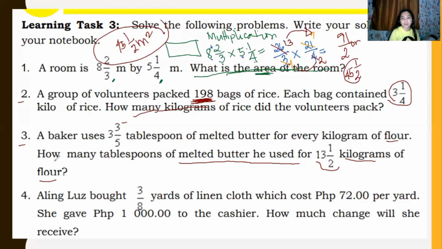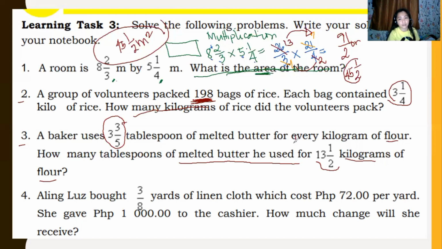Okay, here in number 3, we need 3 3/5 tablespoons na melted butter. Kumbaga, pag nagluluto, kailangan mo daw ng mahigit 3 kutsarang melted butter.